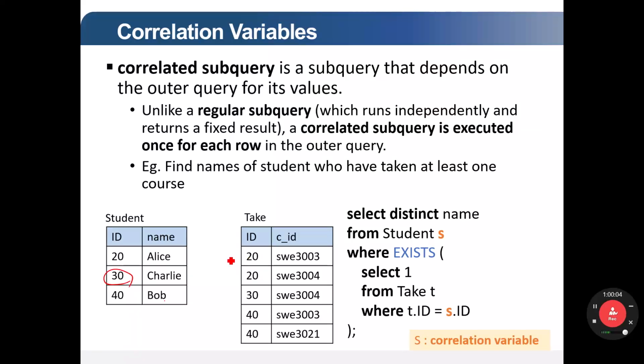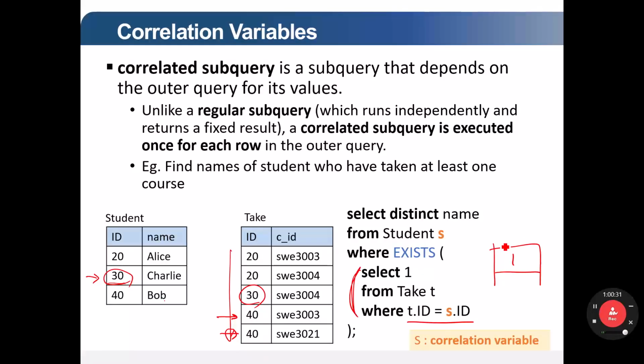So we are accessing the second record of the student table, and we are scanning the take table, and we create a new output table for this inner query. Since this record satisfied the predicate, 1 is inserted. And we move on to the next record, but it differs. The next record also differs from Charlie's ID.